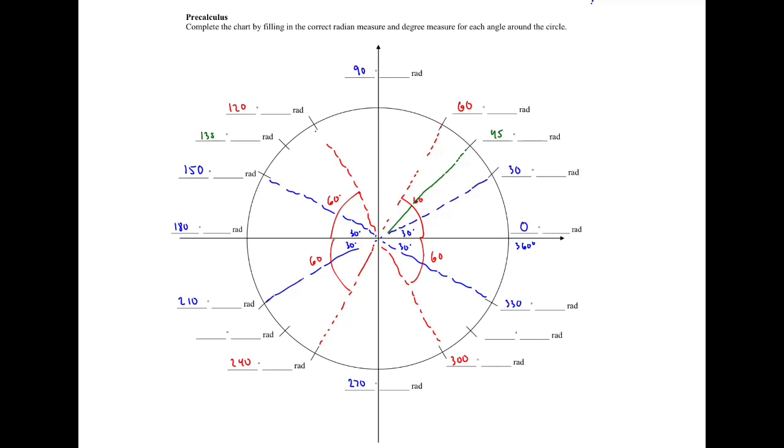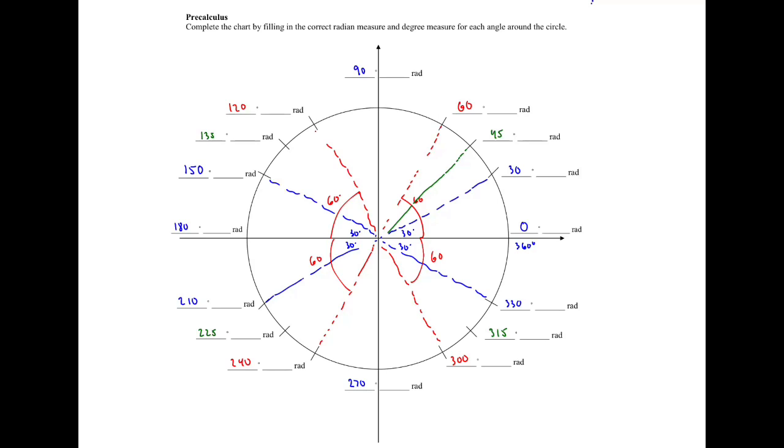So that one's in quadrant 2, and then you'll add 45 to 180 and get 225 degrees. And then if you subtract 45 from 360, you will get 315 degrees.